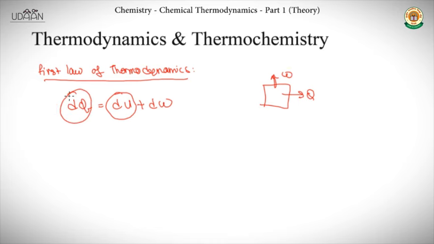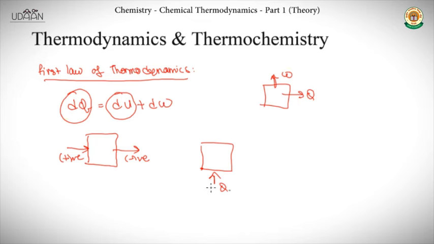So let us talk about the sign convention for this formula. In chemistry, mainly in thermodynamics, anything that enters into the system we take as positive, and anything that goes out of the system we consider as negative. Suppose that we are heating this system. Should we keep Q as positive or negative? It's coming into the system, so it should be positive.